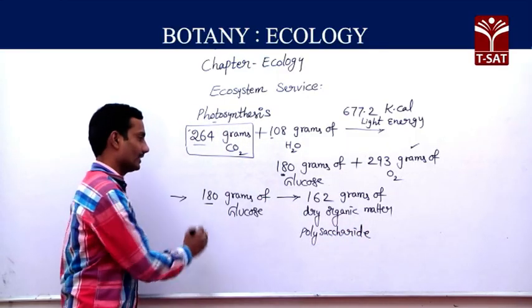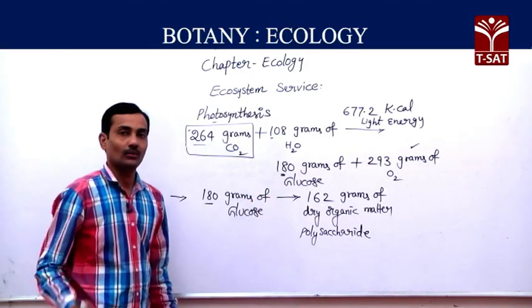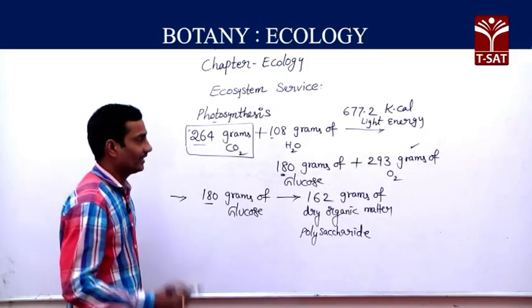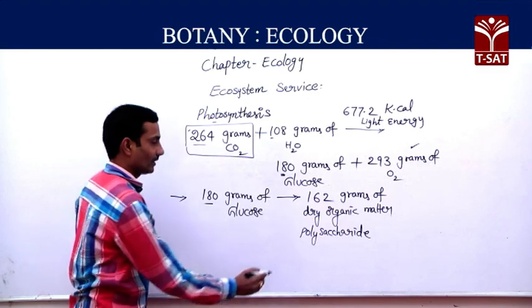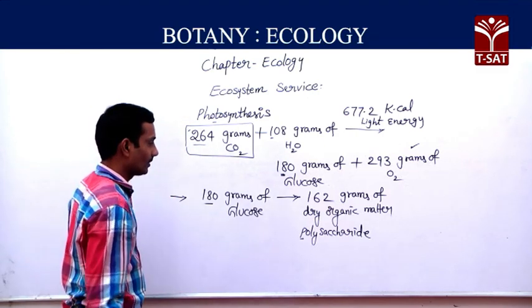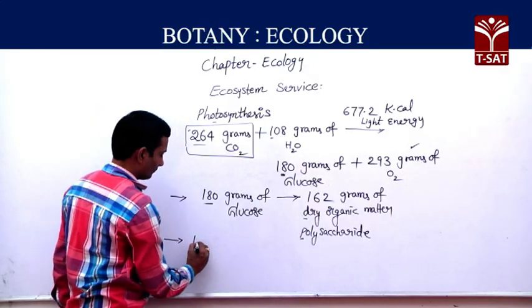See, imagine 180 grams of glucose. It converts into 162 grams of dry organic matter, that is polysaccharide.